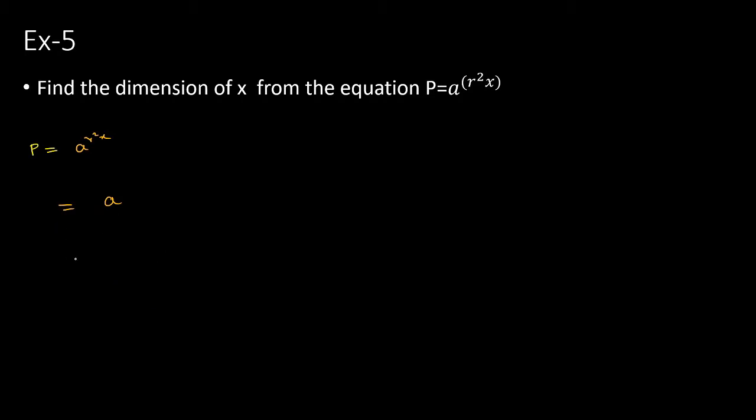So we can say r square x equals 1, because it will be a dimensionless quantity, right? So what will be x here? 1 by r square, right? So what will be the dimension of x? R is the radius or length, so it will be 1 by L square, so the dimension will be L to the power minus 2. I hope it is clear to all of you. Clear? Okay.